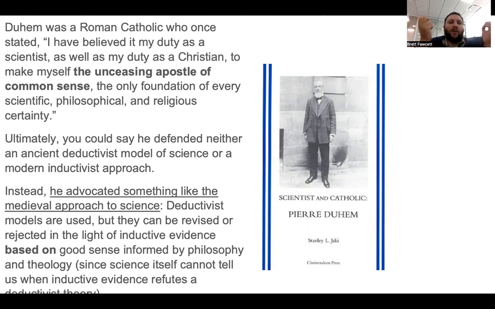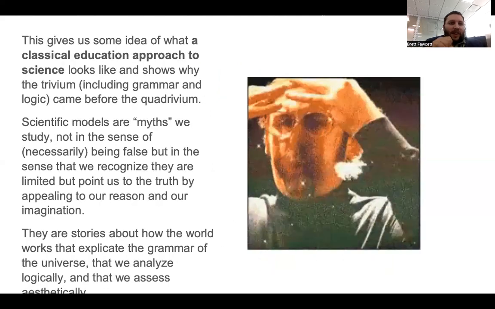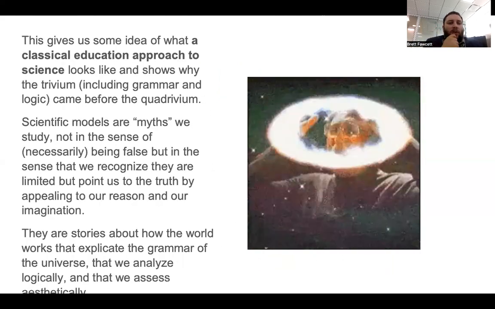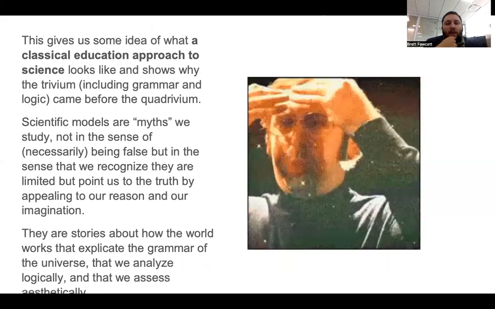What he advocated was something close to the medieval approach to science. So he used deductivist models, but they can be revised or rejected in the light of inductive evidence based on good sense, which is informed by philosophy and theology, since science itself can't tell us when inductive evidence refutes a deductivist theory. Right? And that gives us some idea of what a classical education approach to science should look like.